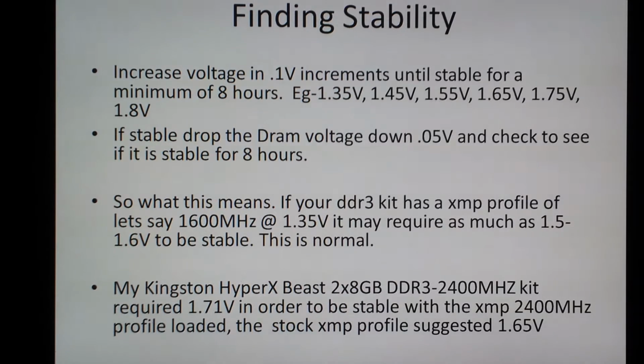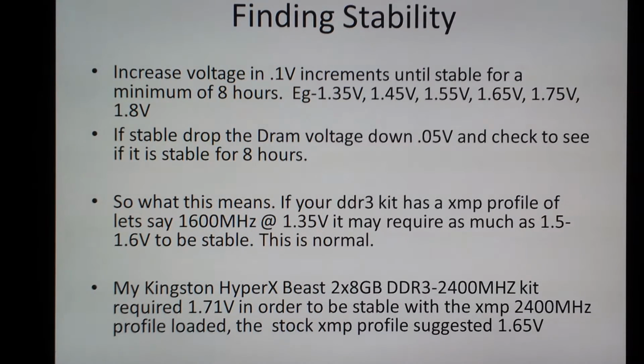You might have to increase it to 1.4, 1.45, 1.5, 1.55 in order to be stable at 1600 megahertz. And this is normal. Once again, XMP profiles are merely suggestions. They're not officially supported.